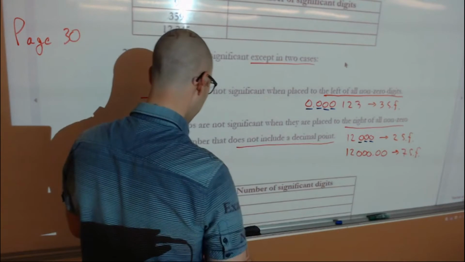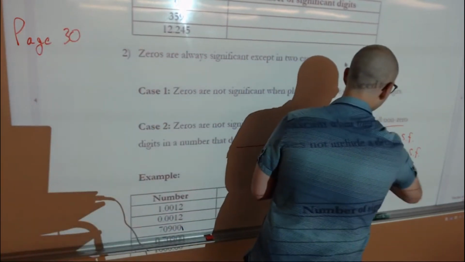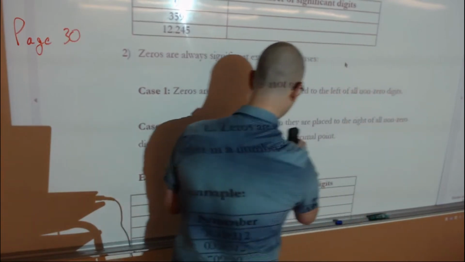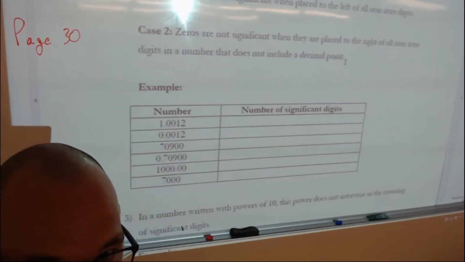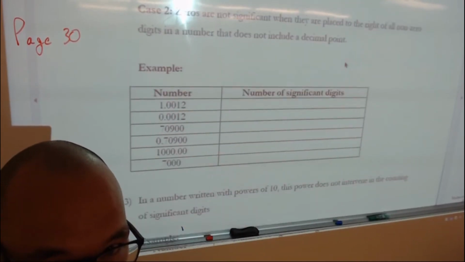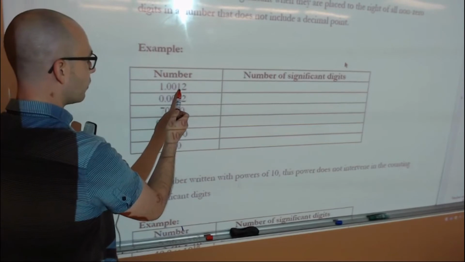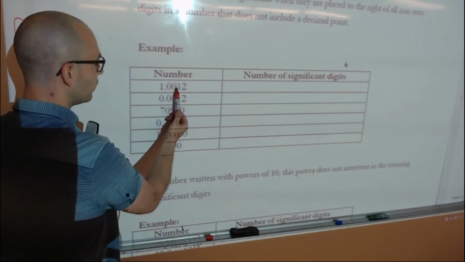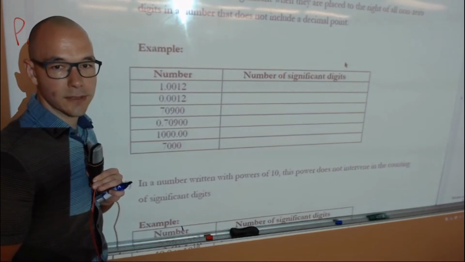So let's look at a few examples really quickly. I'm not going to show you the rules since you know them by heart by now. So examples, if we got 1.0012, those zeros are not to the left or to the right of all non-zero digits. They're in the middle.